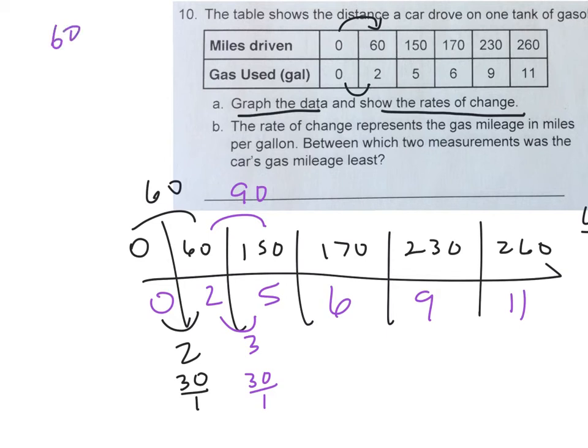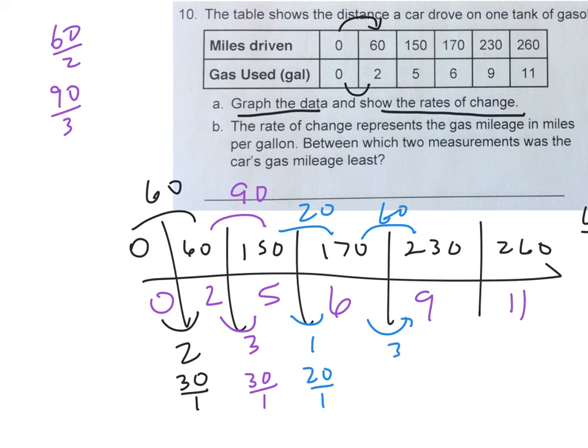So I have 60 over 2, 90 over 3. Now let's do this next one. 150 to 170 is an increase of 20 over 1. So we have 20 over 1. 170 to 230 is an increase of 60 over 3. So 60 over 3 is actually 20 over 1.